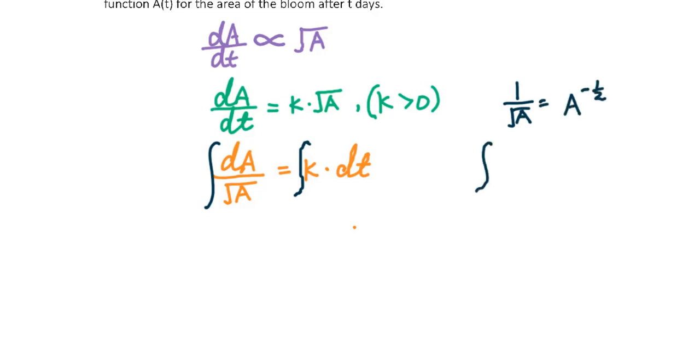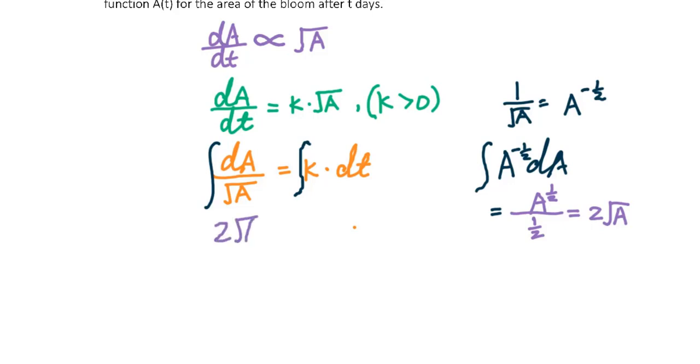Therefore, the integral of A to the -1/2: -1/2 plus 1 is 1/2, so you will get 2 square root of A equals k times t plus constant c.